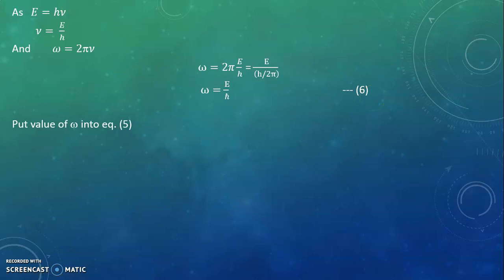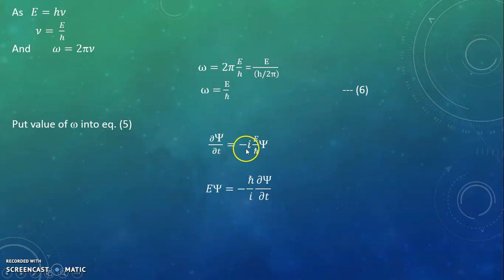Put the value of omega into the previous equation number 5, so that equation becomes del psi upon del t is equal to minus i E upon h cross psi. In the previous equation number 5, del psi upon del t is equal to minus i omega psi. Now we have put here the value of omega, which is E upon h cross.